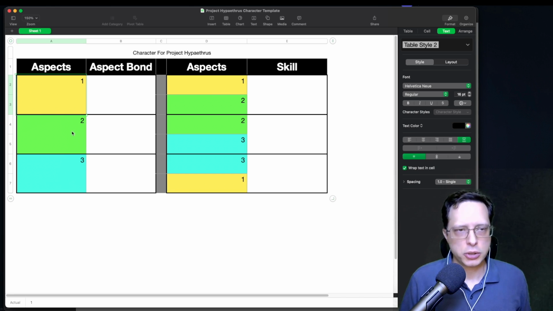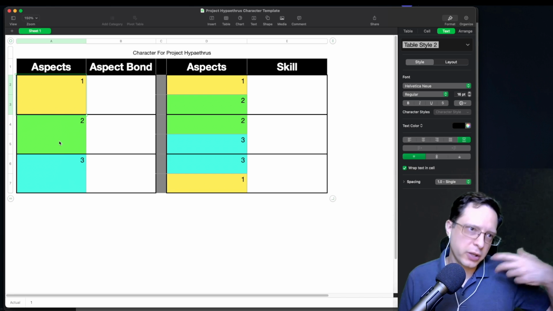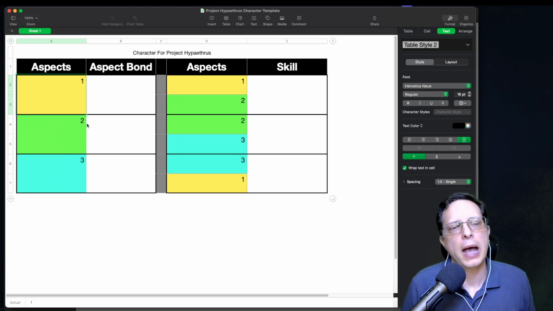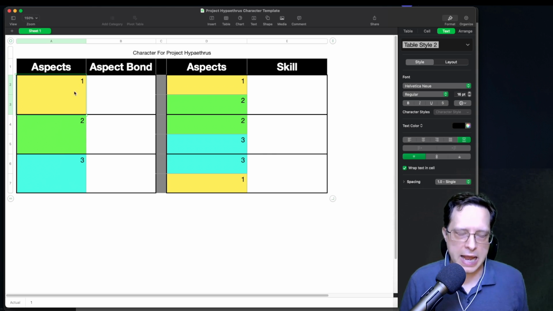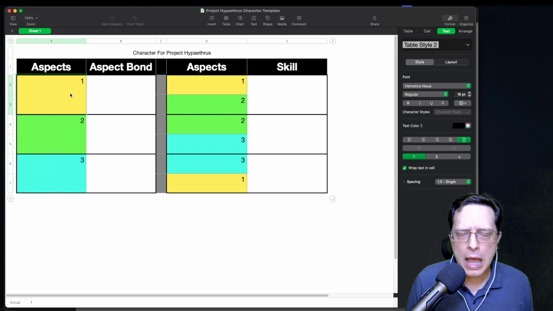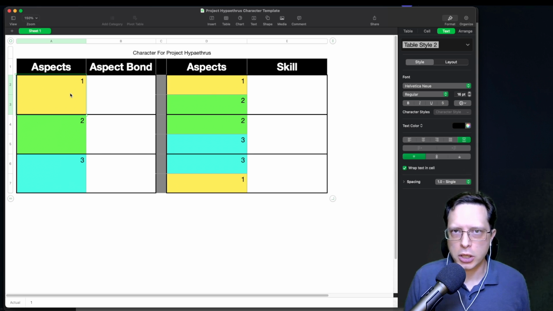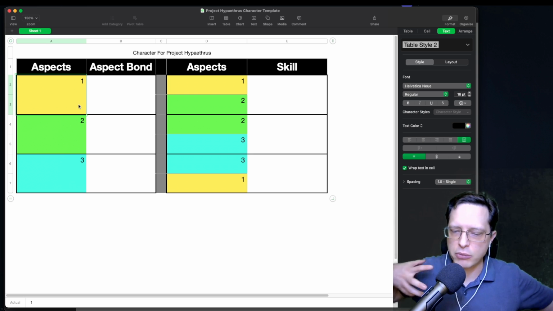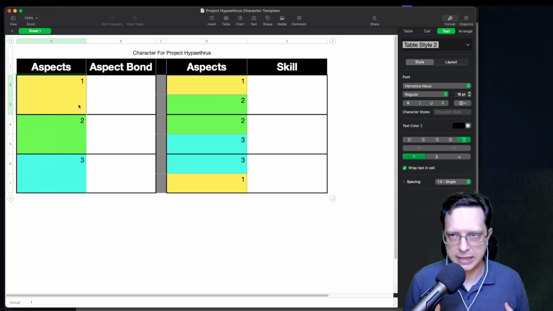Another aspect should probably be from your childhood or early adulthood, again, if your character is quite old. And then the third aspect should really be something related to your society, or culture, or some connection to something outside of yourself, but is still a key element of your personality.